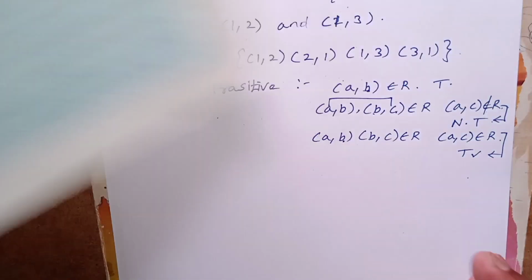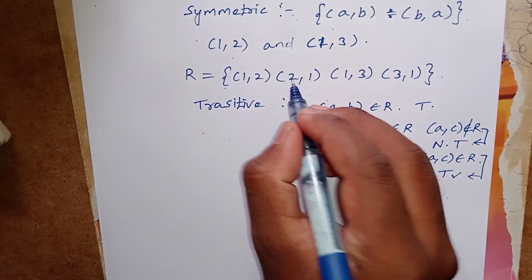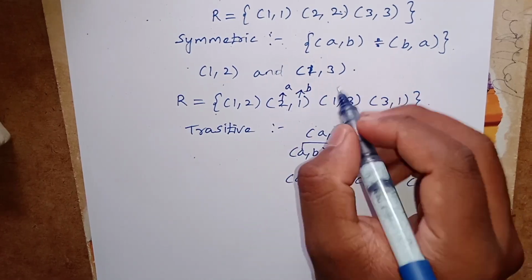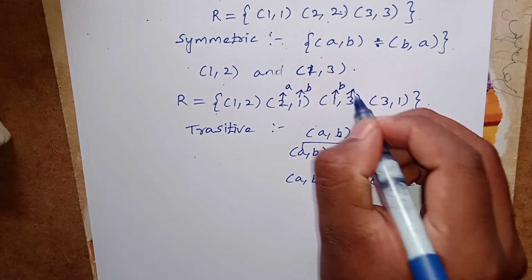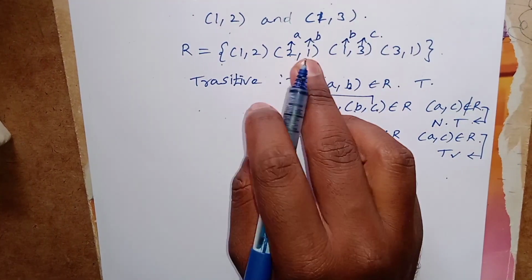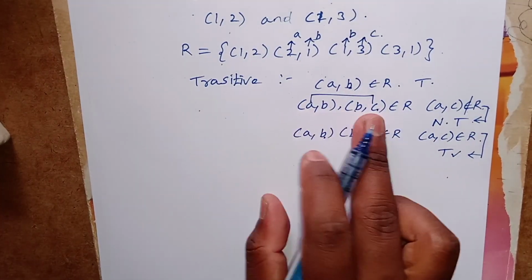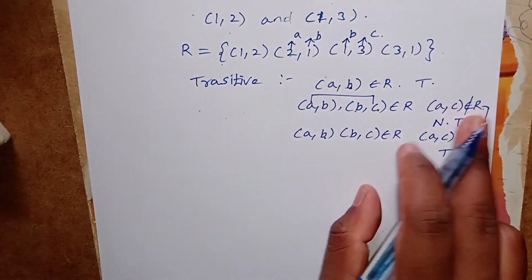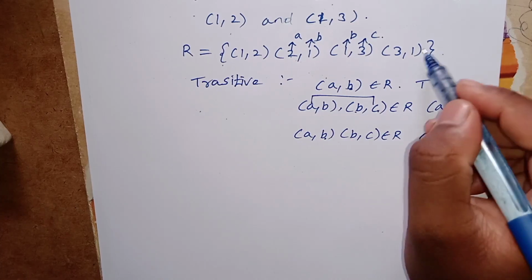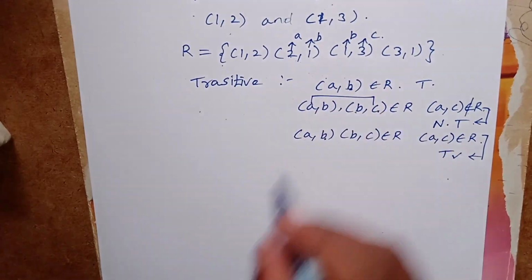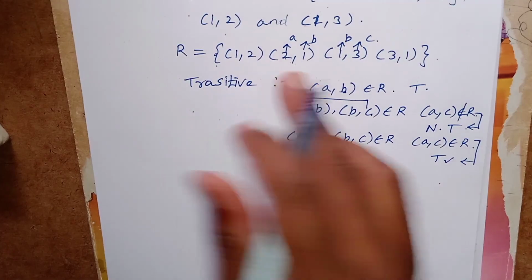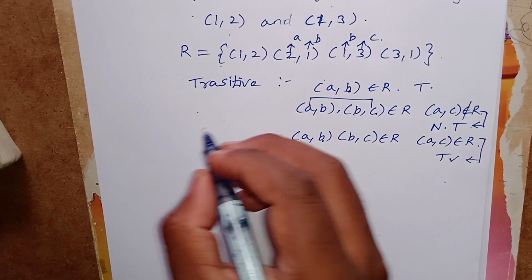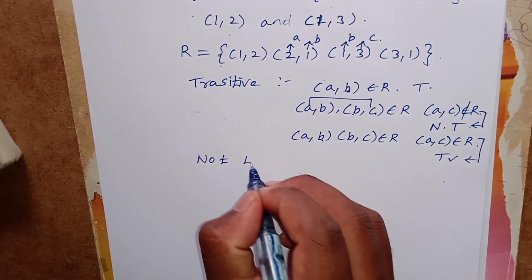Here (a, b), (b, c) belong to R, but (a, c), which is (2, 3), does not belong to R. Therefore it is not transitive.